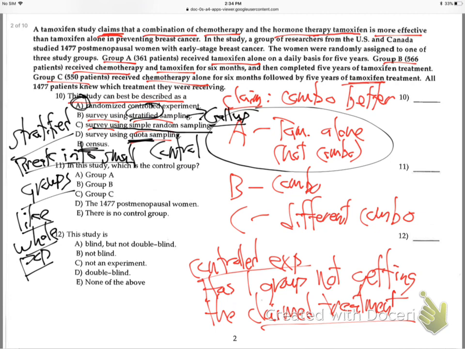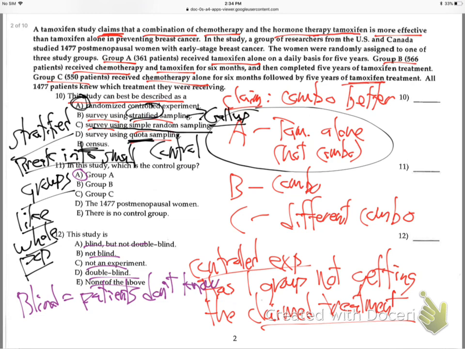Number 11. In this study, which is the control group? Yeah, we already answered. That's A, huh? A is the control group on that one. Number 12. This study is, is it blind, blind but not double blind, not experiment, double blind, and so on. What's the blind thing? Yeah, blind, patients don't know, right?